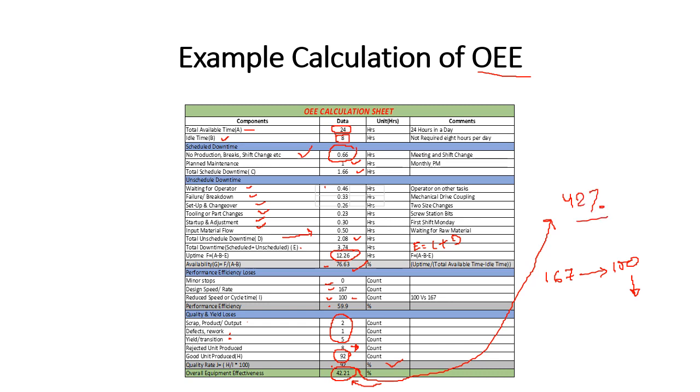Now, as you go somewhat deeper into it, you can find that this 42% is against the designed or inherent capability of the machine, which would be 100%. Today it is 42% and you want to increase it to say 80%.